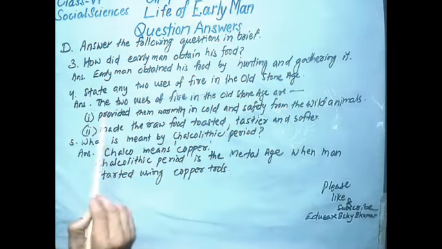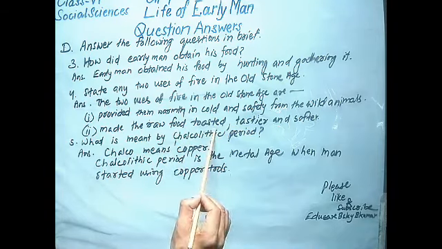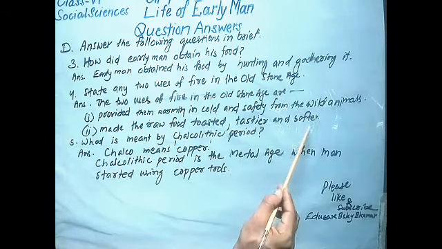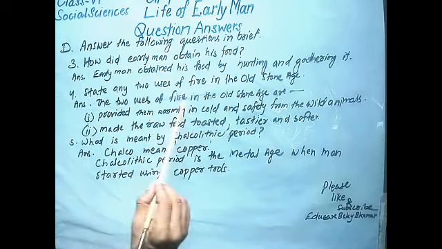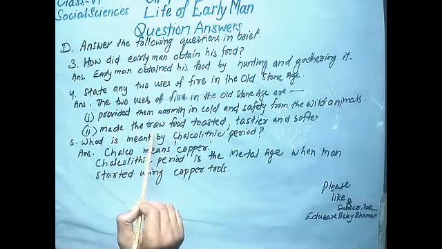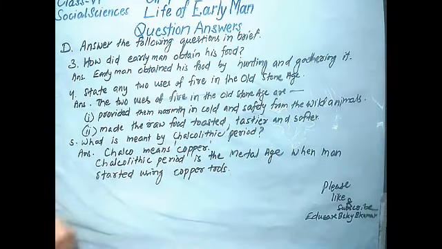Second, it made the raw food toasted, tastier and softer. By the use of fire they made the raw food toasted, tastier and softer, as before they were eating raw food.